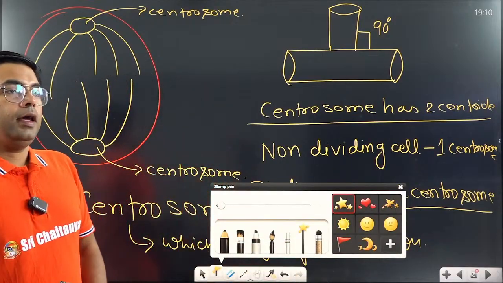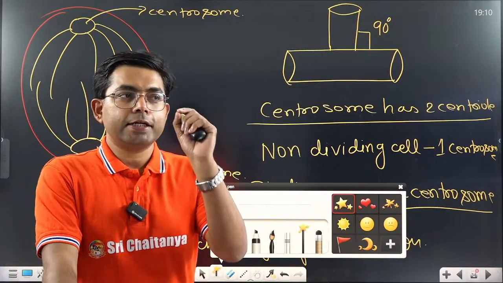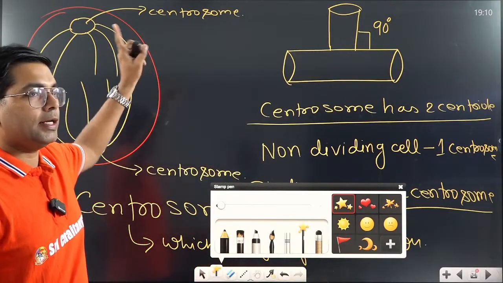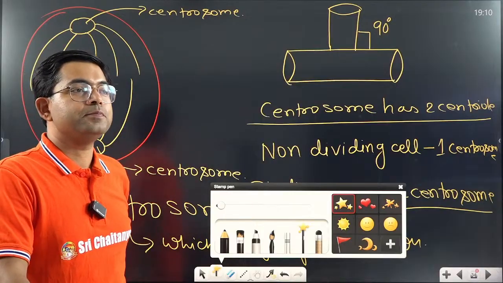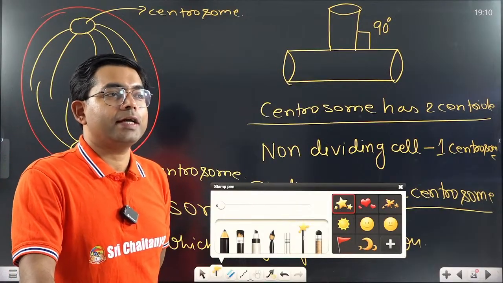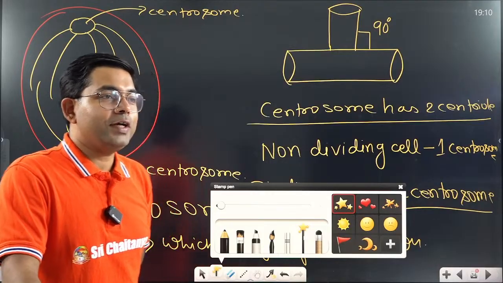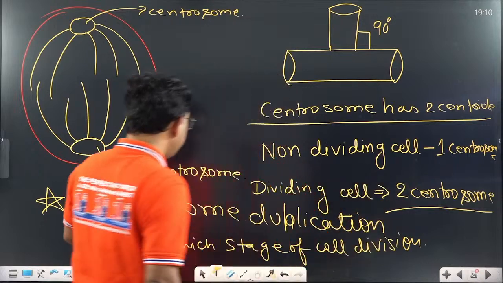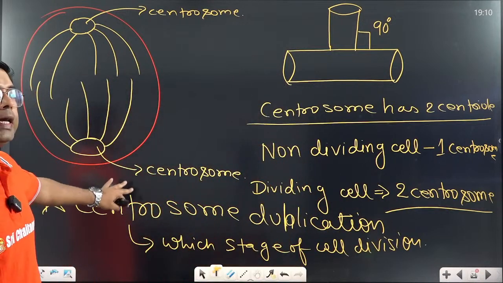Those who will answer correctly, first person who will answer correctly, I will write the name and give star. Let's see who can answer it. In which stage centrosome duplication take place?